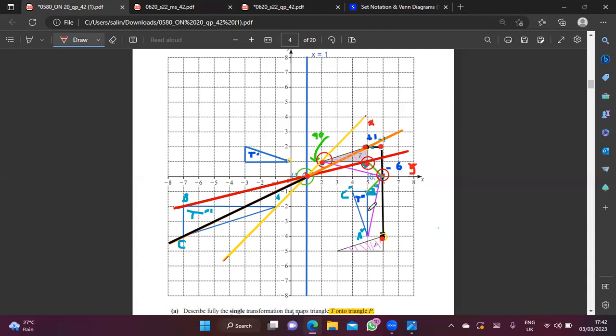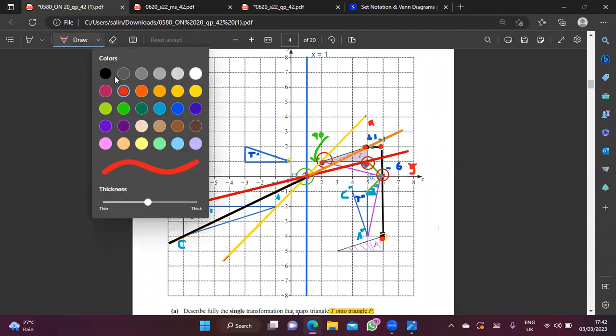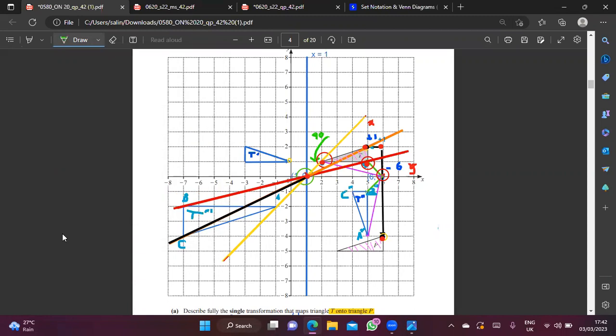Reflection is, so now you can draw the image of each of your points. Now you have to remember, in reflection the image is opposite. It's just like you looking in the mirror, left becoming right, right becoming left. So I'm going to put the point for this red point here, reflected to here.